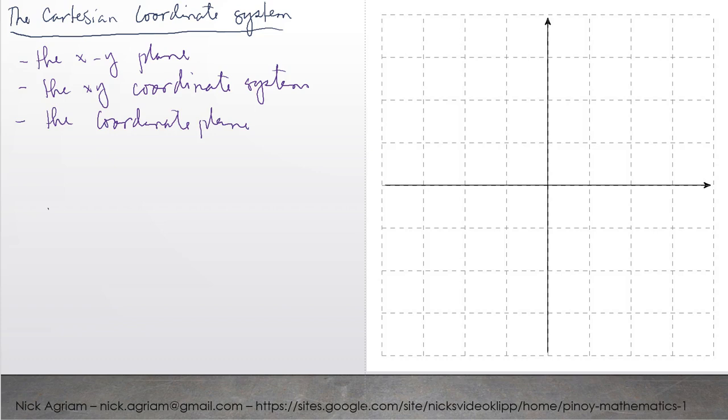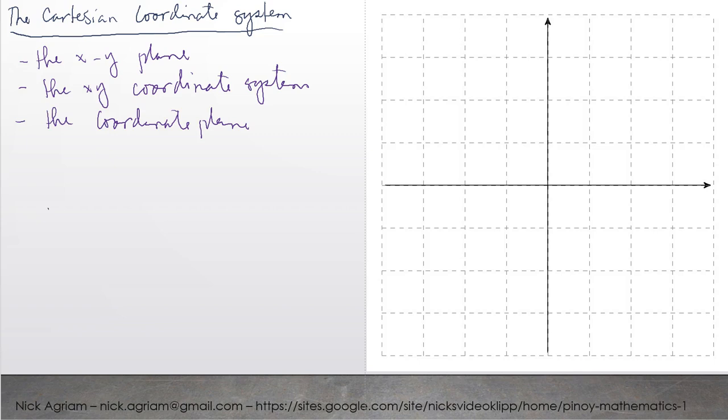These are the names of the Cartesian coordinate system, but the official name is the Cartesian coordinate system because it was introduced by René Descartes, a mathematician.